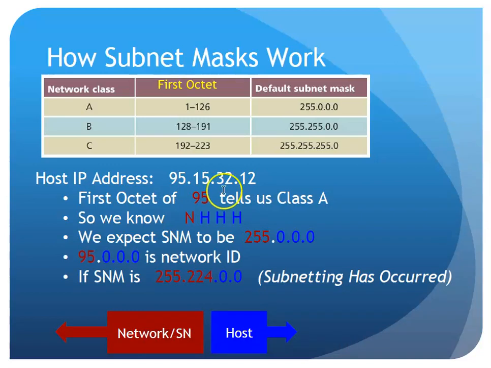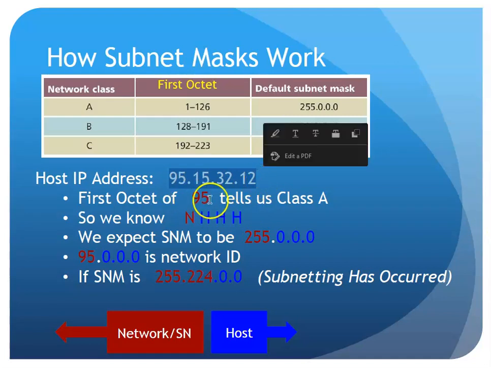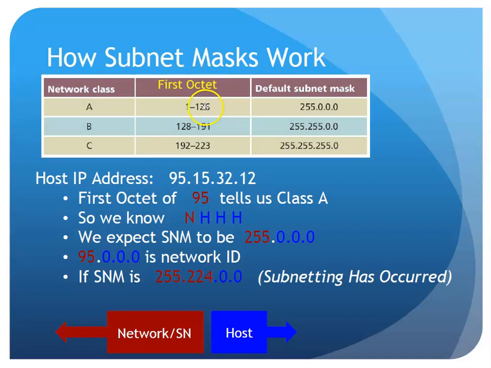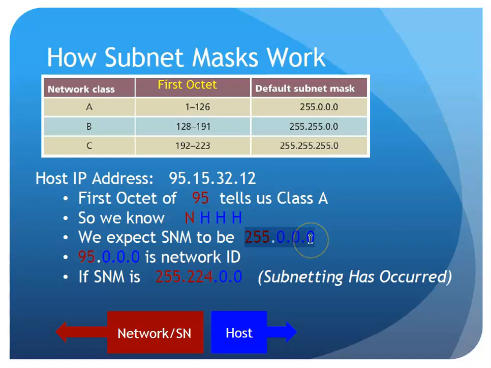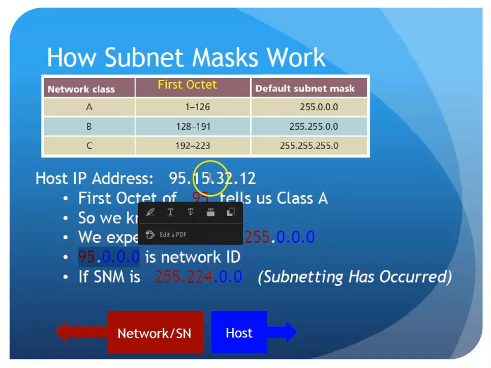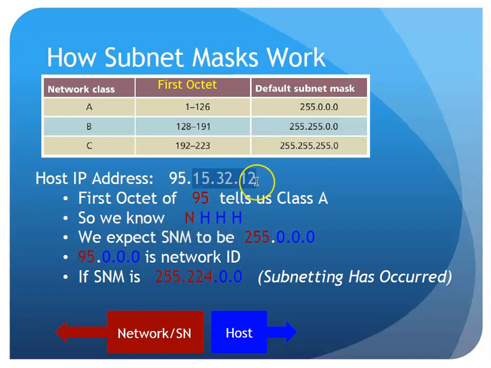Well, let's take a look at this. If I have an IP address, 95.15.32.12, 95 tells us this is Class A. Remember your first octet rule. So we should be expecting network host host host, and we should be expecting 255.0.0.0. The network ID is 95.0.0.0, host portion all zeros. That identifies the network.